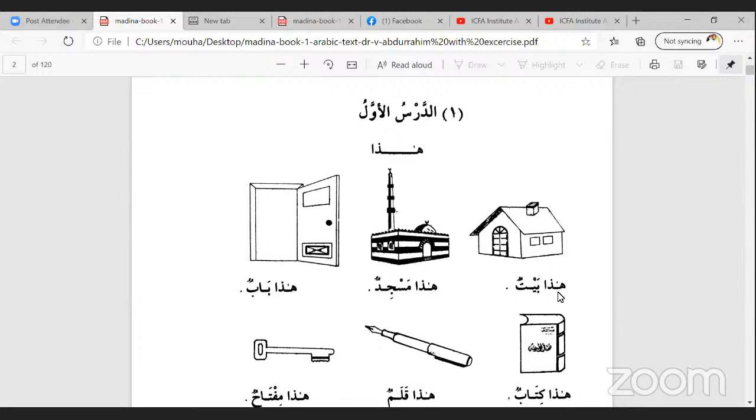Harf is a word that has a meaning, but not in itself. It doesn't have independent meaning.